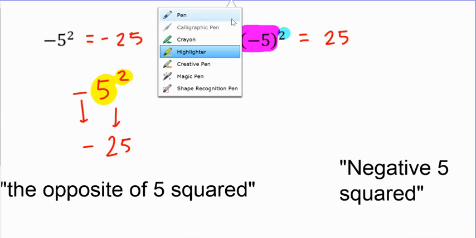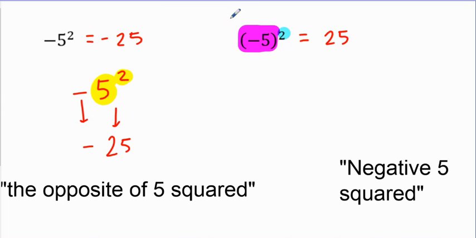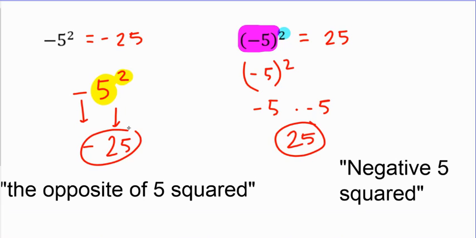Remember, when we're squaring a number, we're really timesing it by itself. So a -5 in parentheses squared is a -5 times a -5, and a negative times a negative gives us a positive. 5 times 5 is 25. So big difference here, right?